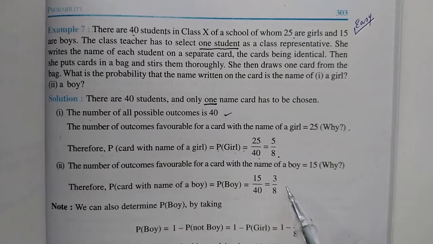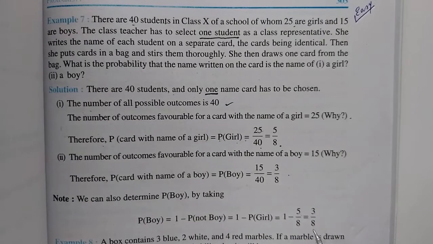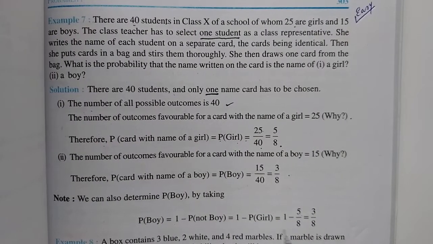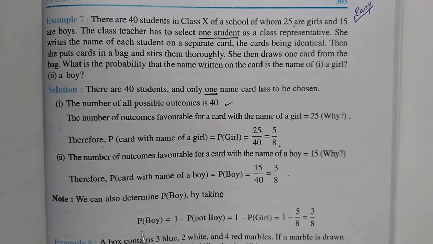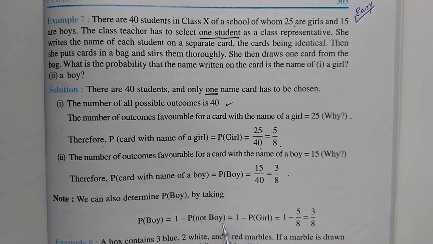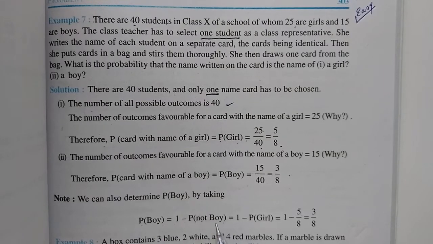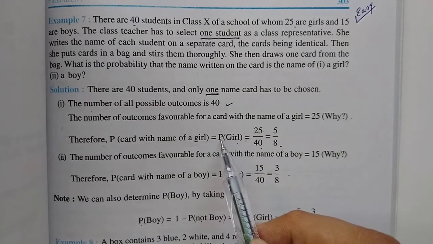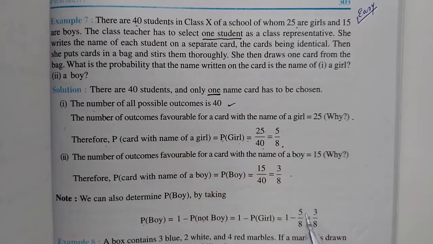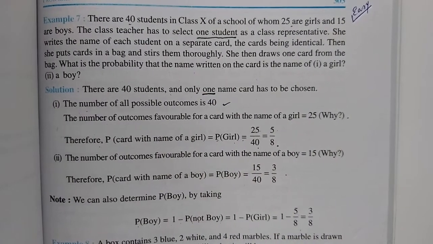Now children, this 3 by 8 you can obtain this way also: 1 minus 5 by 8, because both are complementary events. P of boy equals P of not girl. So not boy means what? Girl child. So here you write not boy, that is 5 by 8. So you will get the answer.